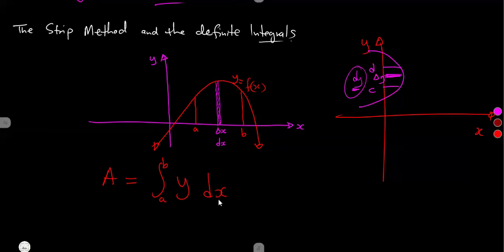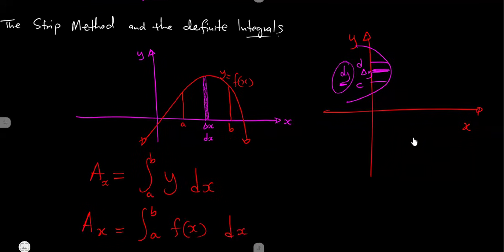So this is the area with respect to x. With respect to x, y there represents what? Function of x. So we can write this as the integral of f of x. It's a function of x that you're supposed to integrate with respect to x.